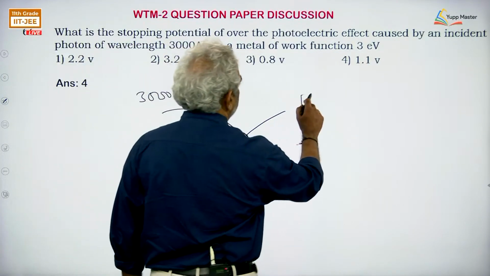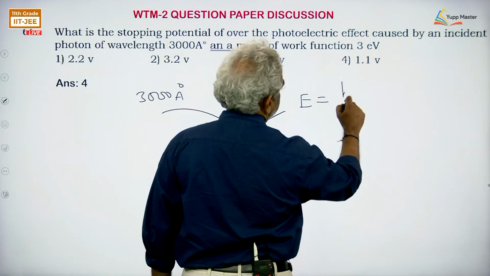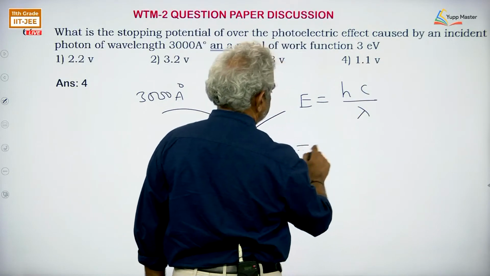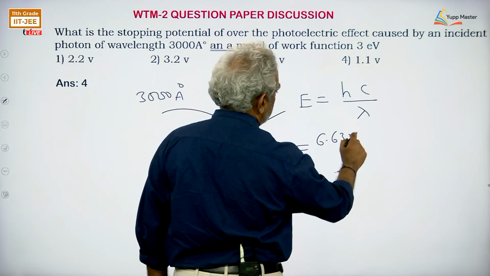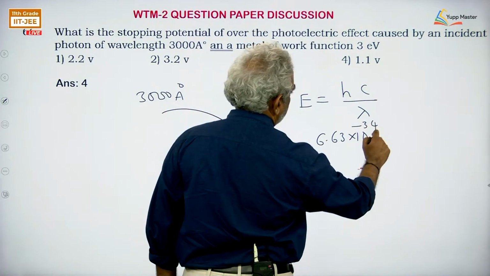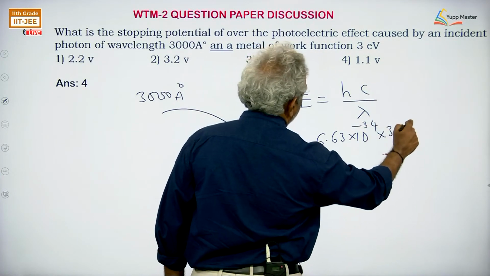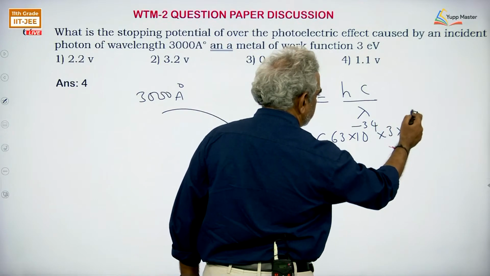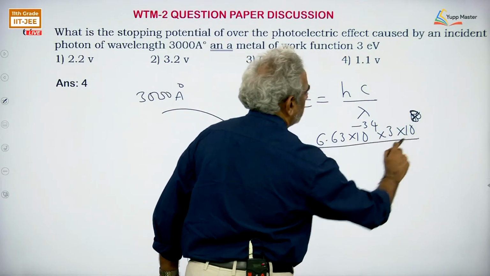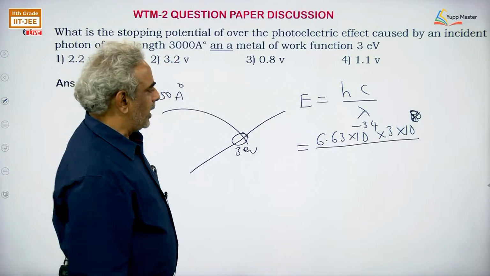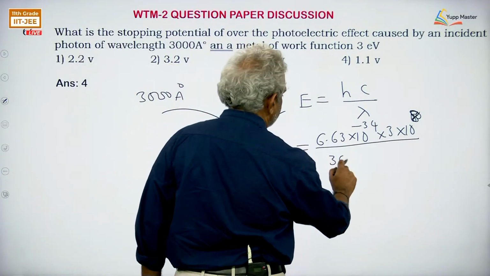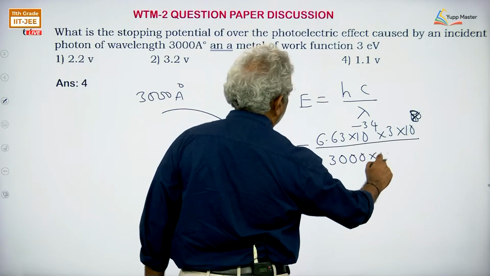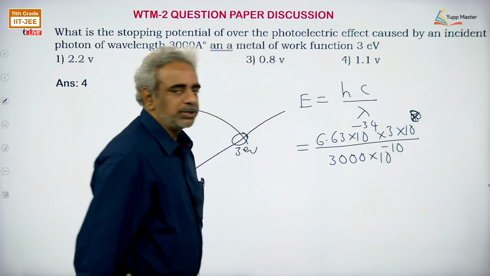So energy is equal to hc by lambda. h is 6.63 into 10 power minus 34, into velocity 3 into 10 power 8 meters per second, by lambda, which is 3000 angstroms into 10 to the power of minus 10 meters.